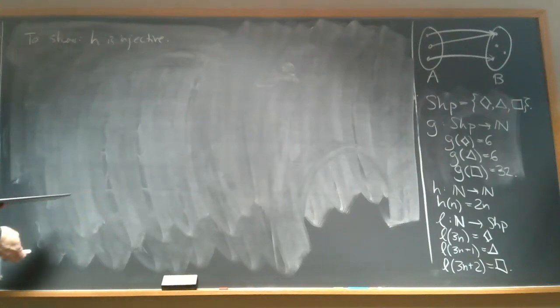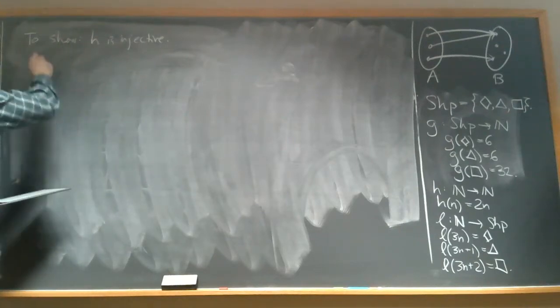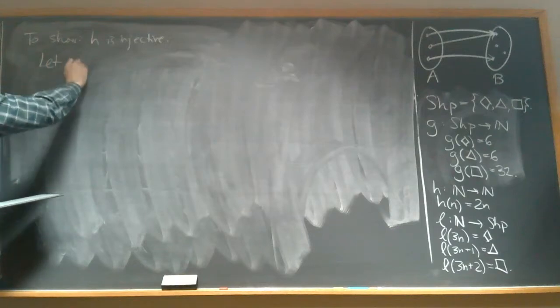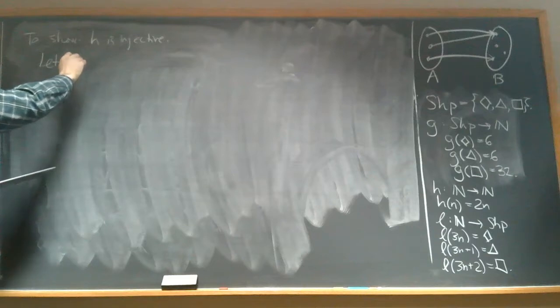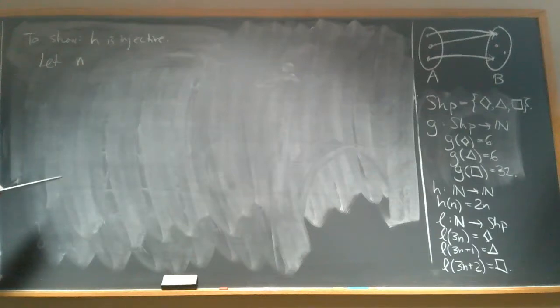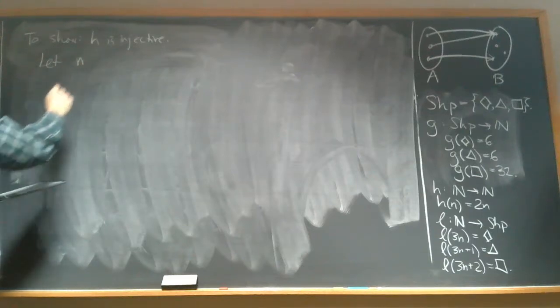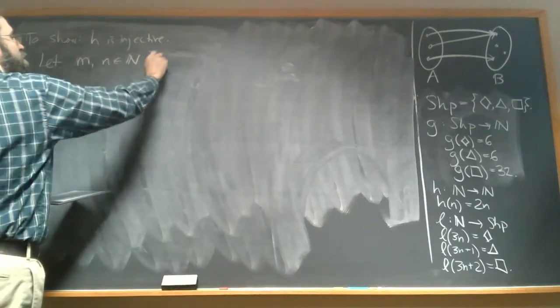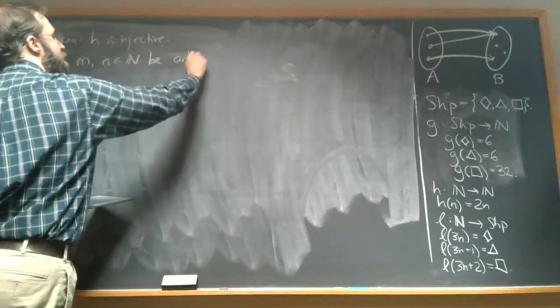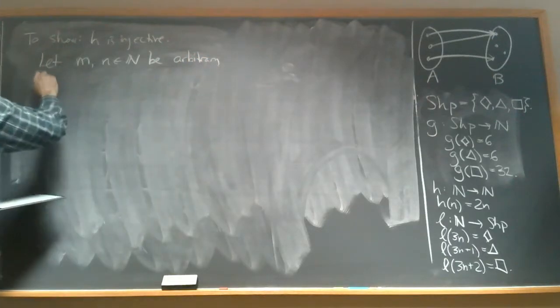So to prove that, first of all, we'll call them N and M, maybe. We'll say let M and N be arbitrary natural numbers.